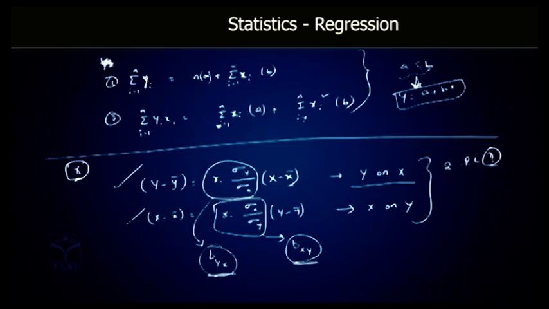Now, when you observe these two lines, y on x and x on y, they meet at the point (x bar, y bar), that is, the mean of x and the mean of y.